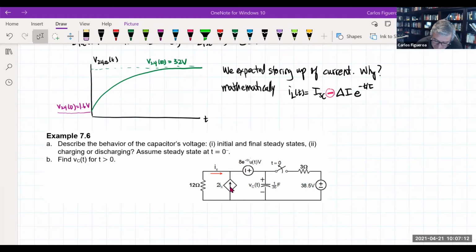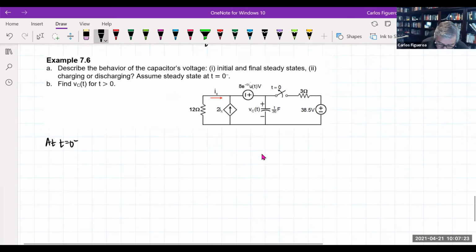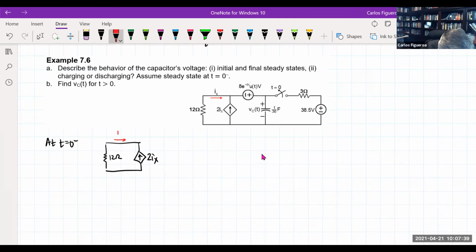Well, for starters, at t equal to 0 minus, what happens? I have a circuit that looks like this. I have a 12 ohm resistor, and I have a dependent source, so this is 2Ix. Of course, I have a current Ix here. Note that the exponential source doesn't show up.